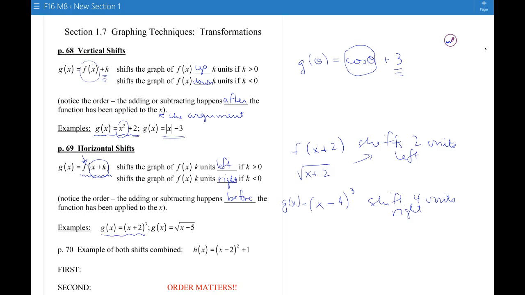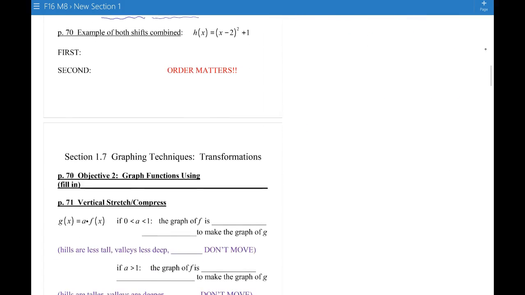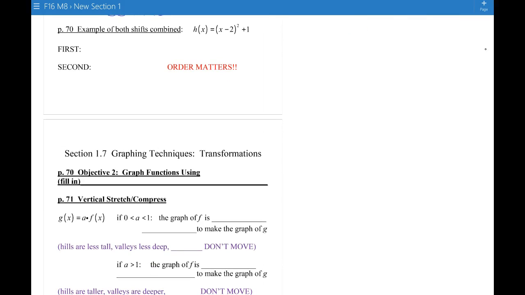So here's some more examples. X plus 2 cubed is going to move the basic cubed graph to the left 2 units. This g of x is going to move the basic square root graph to the right 5 units. And then here's an example of both being combined, and I care about the order because it's going to matter a lot in trigonometry.